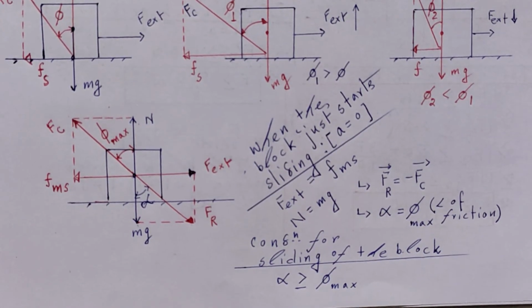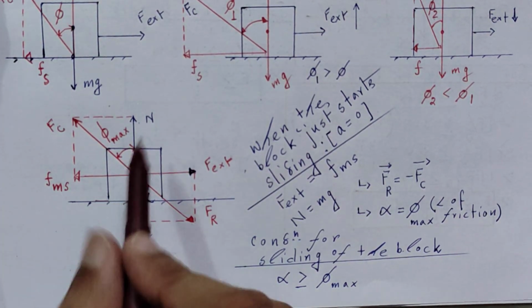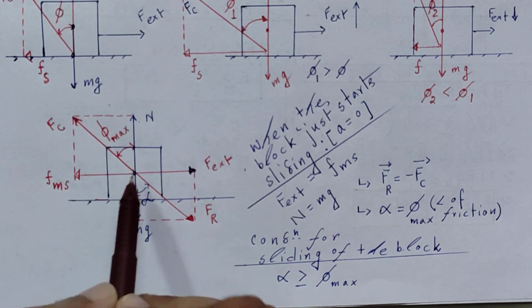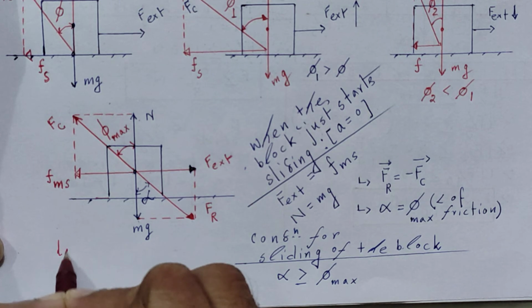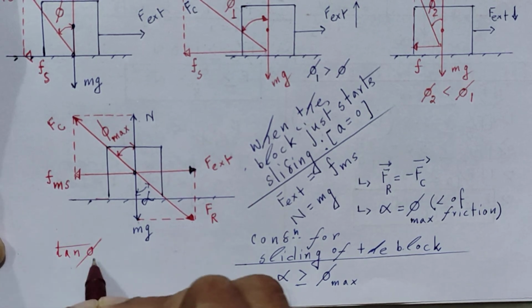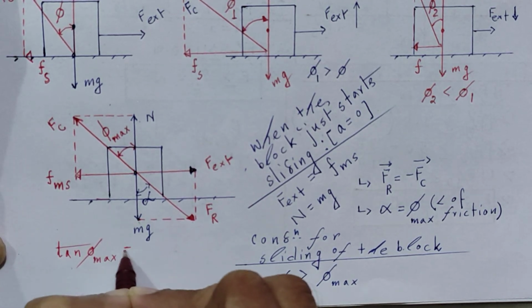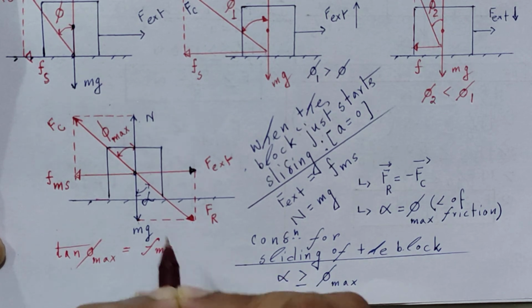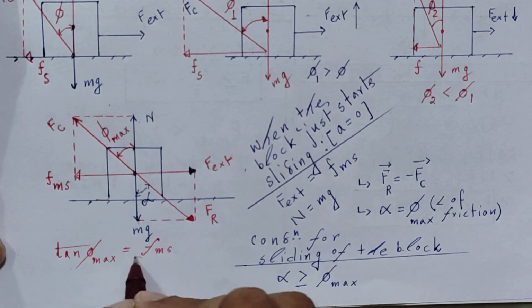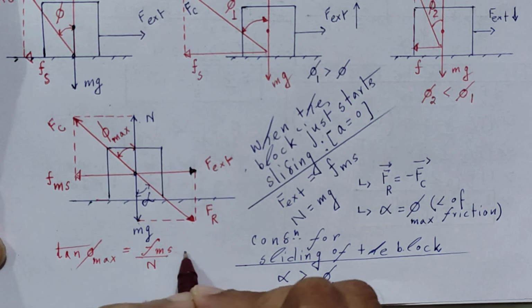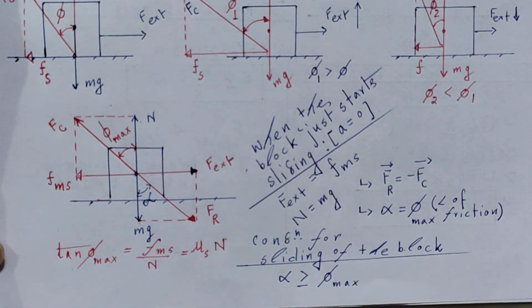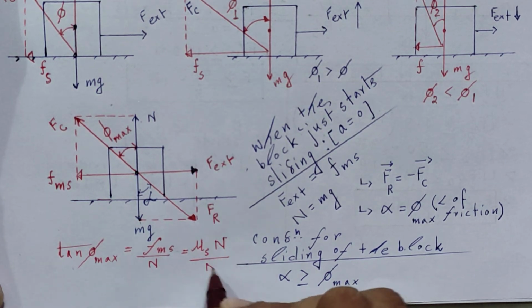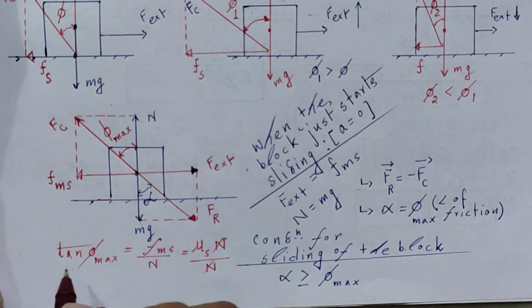Now if I want to know what this phi max is, use the fundamental concept of friction. Tan phi max is perpendicular by base. What is this perpendicular? Maximum value of static friction. So tan phi max is equal to maximum value of static friction by base. What is the base? Normal reaction. What is maximum value of static friction? Mu s into N, where mu s is the coefficient of static friction. Normal reaction cancels.